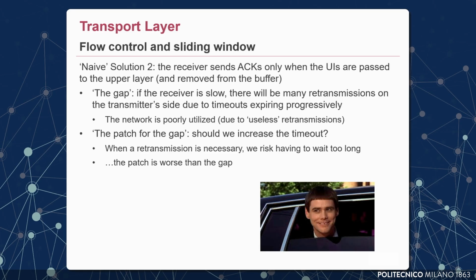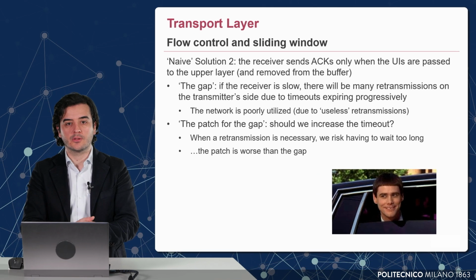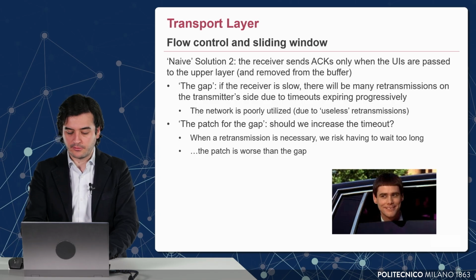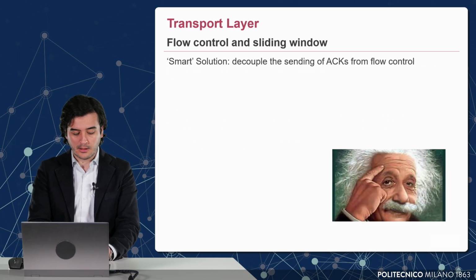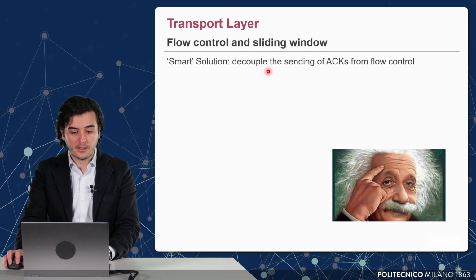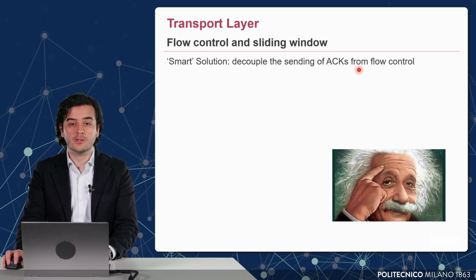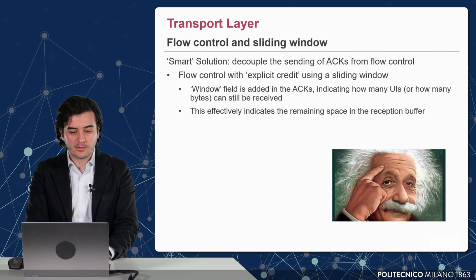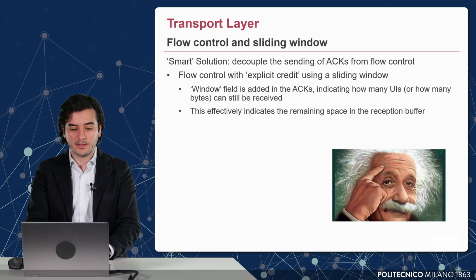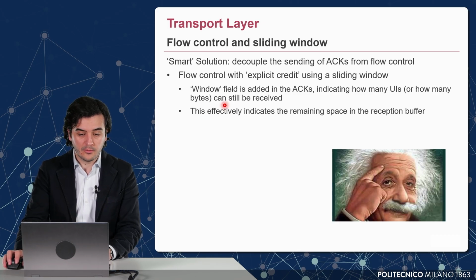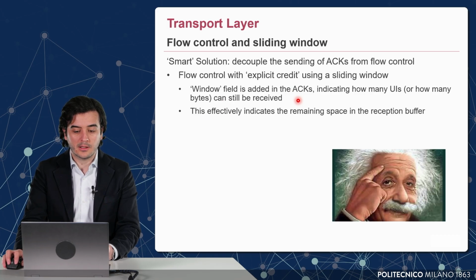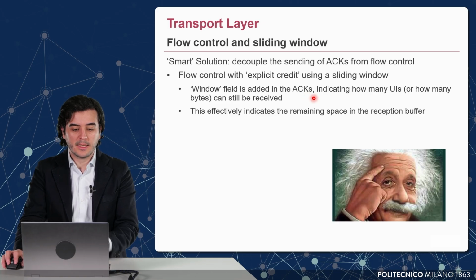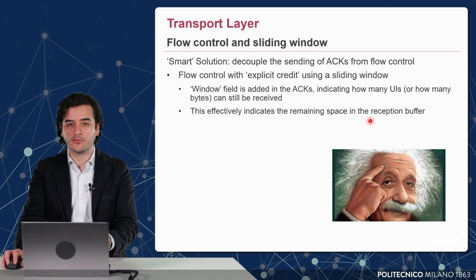So we've seen two naive solutions which don't seem to be very efficient. The better option is to decouple the sending of the acknowledgements from the flow control. This is possible by defining an explicit credit, meaning a window which is added in the acknowledgements and indicates the current state of the buffer.